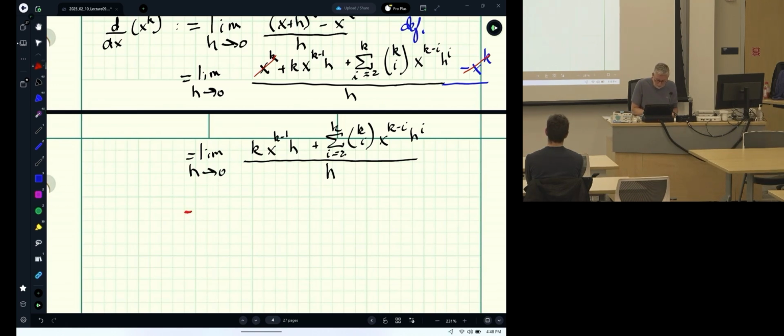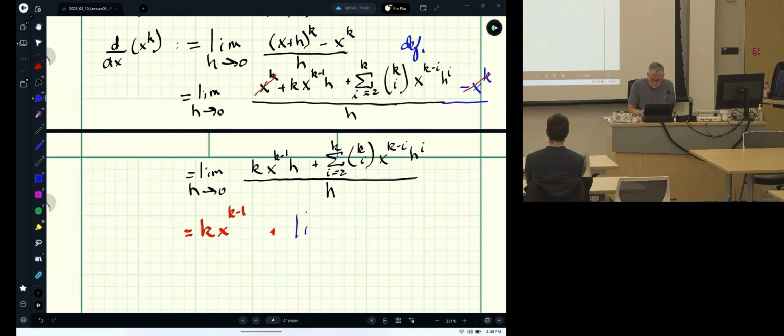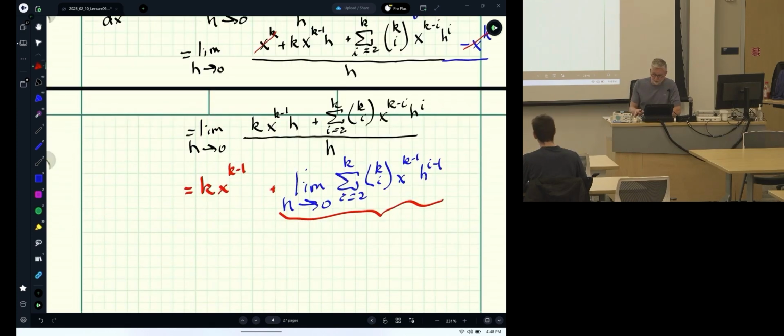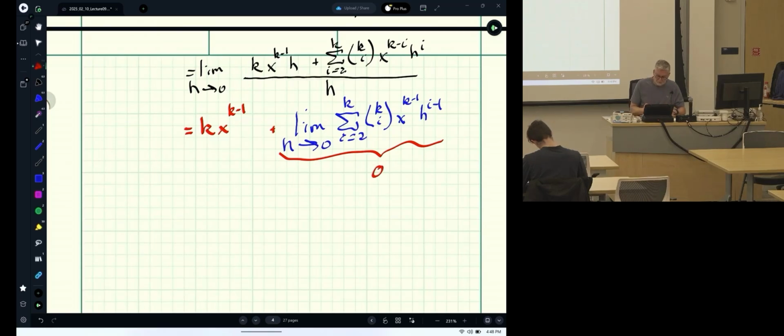Okay, so equals k x to the k minus 1 plus something that goes to 0. And this will be the sum i equals 2 to k, binomial coefficients, we don't care what they are, x to the k minus i, h to the i minus 1. And because i starts at 2, there's always an h and it goes up, and so this limit is 0.